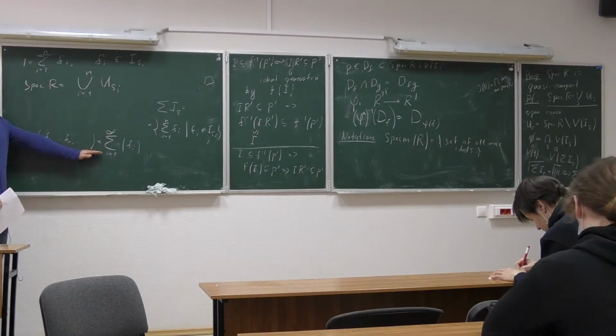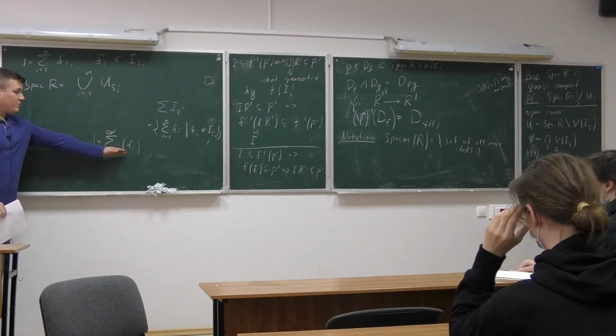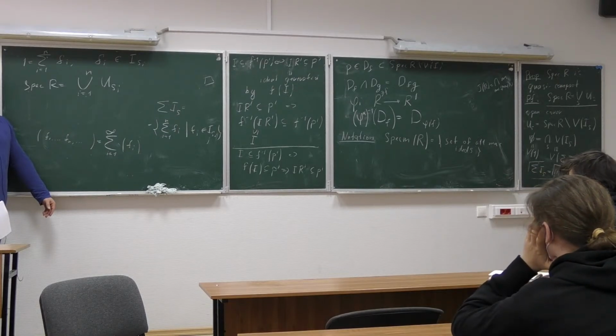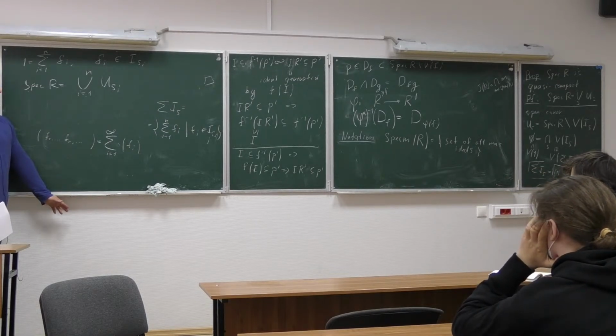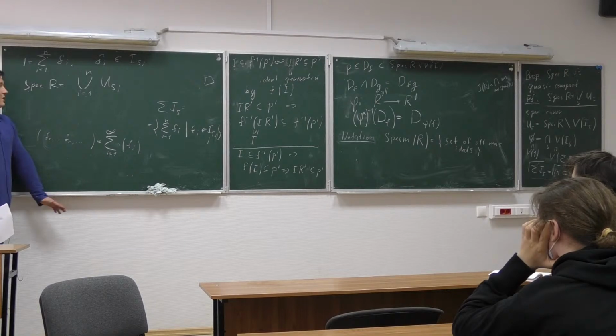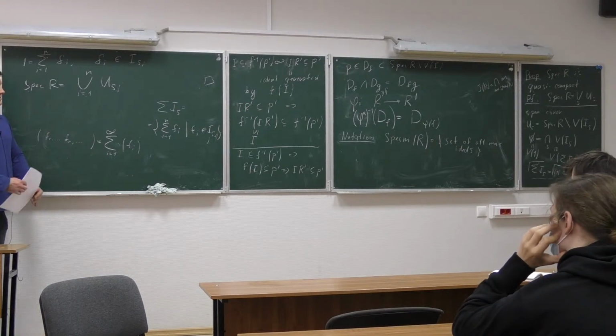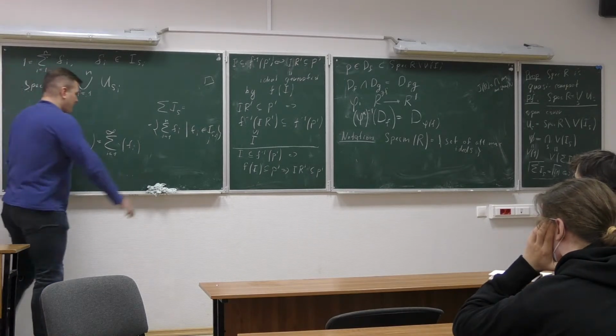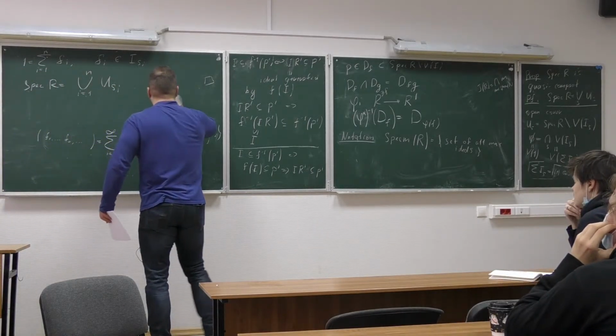That would be one of the possible definitions. And here we only need to consider finite sums, because this is the only thing that we can define, actually. There are no other reasons here. Maybe you think about this and ask me later.